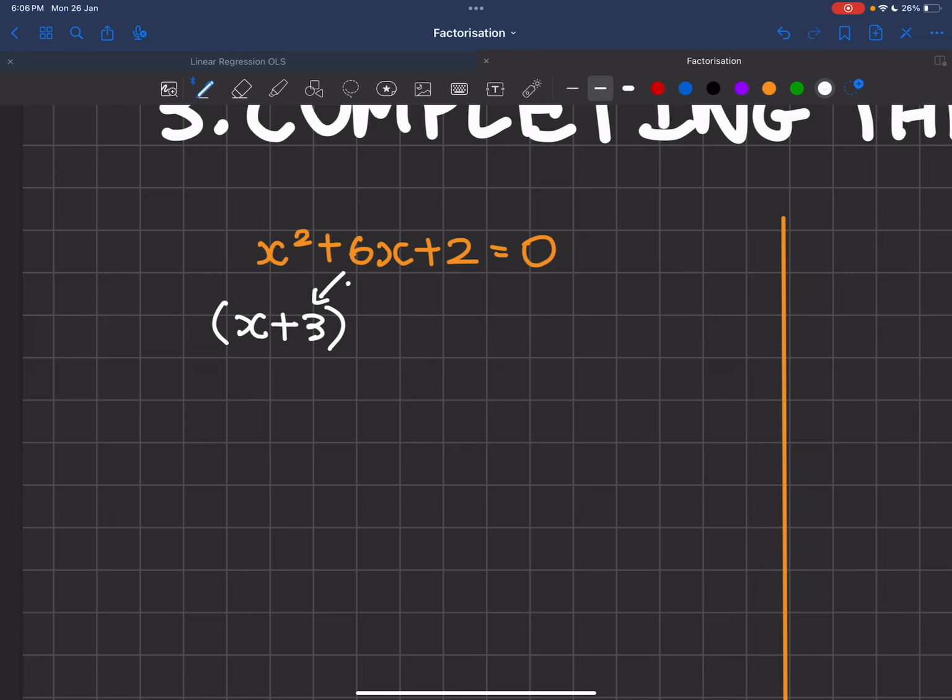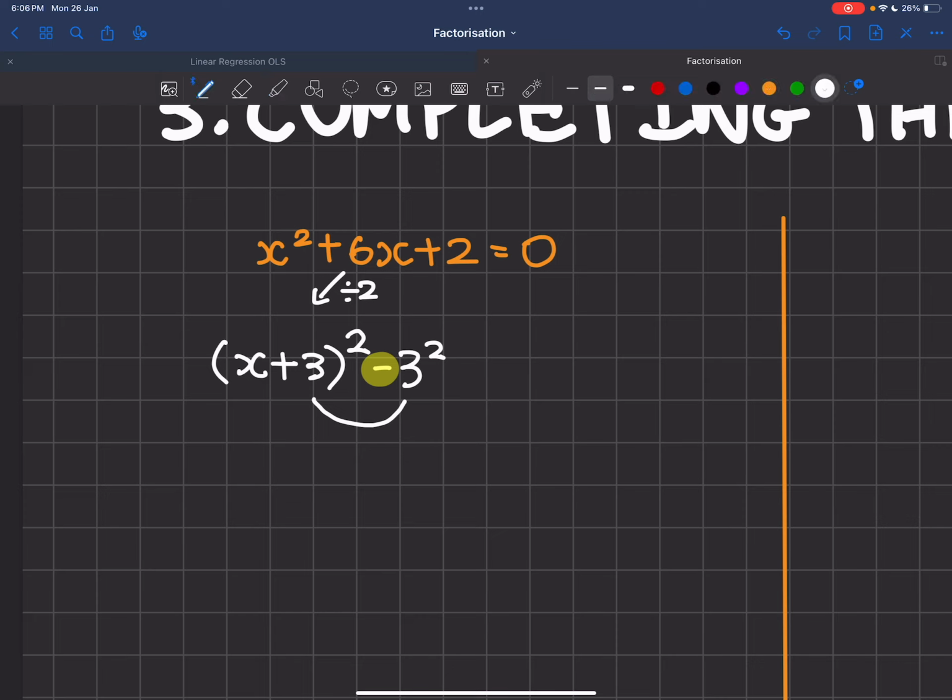First step is to divide by 2. Okay. So x plus 3, the whole thing squared. Then what do we do next? Minus the 3 squared. So we bring the 3 and we minus it.